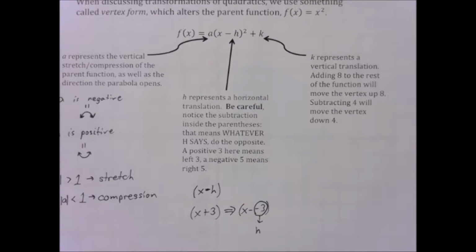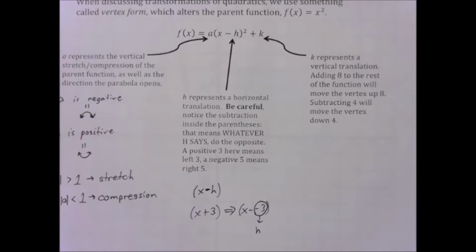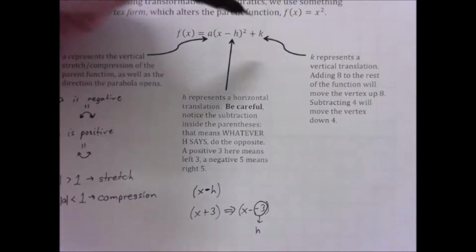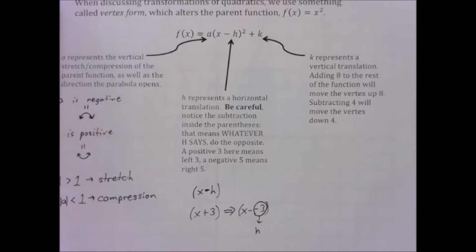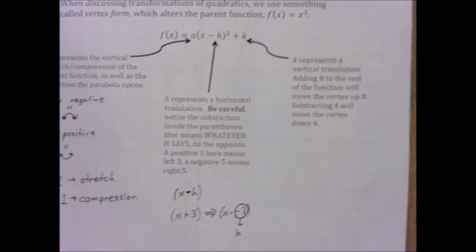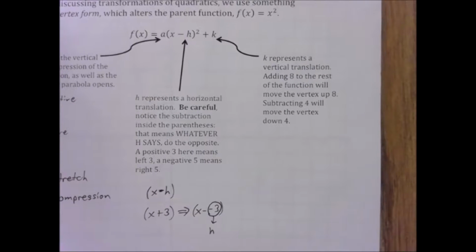K is the vertical. So a pattern I'm hoping you're noticing is anything that happens inside the parentheses affects the horizontal pieces of the parabola. Anything that happens outside the parentheses, so the a and the k here, affect the vertical parts of the parabola. So my k is going to be my vertical translation, and this one makes a little more sense. Positive is up, negative is down.